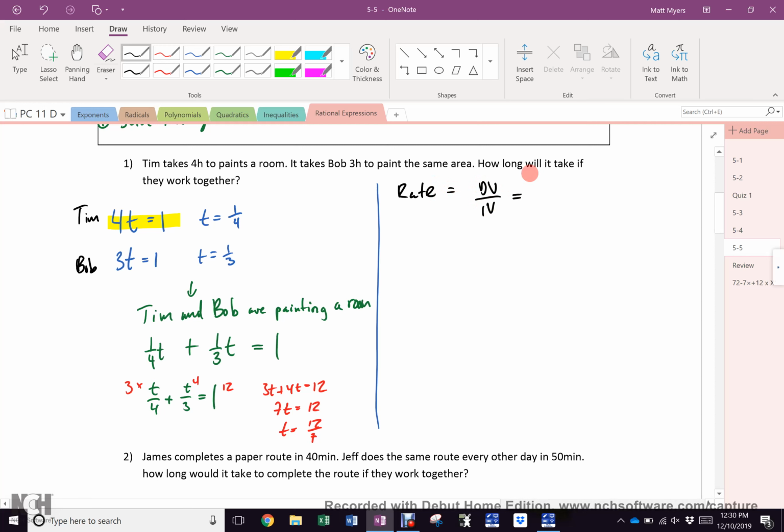The room or the time? Room. Excellent. So it would be rooms divided by time. Agreed? Okay. So, how can we take this and do math with it? What would Tim's rate be?